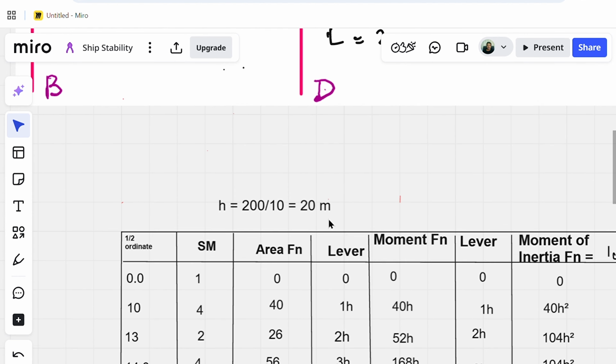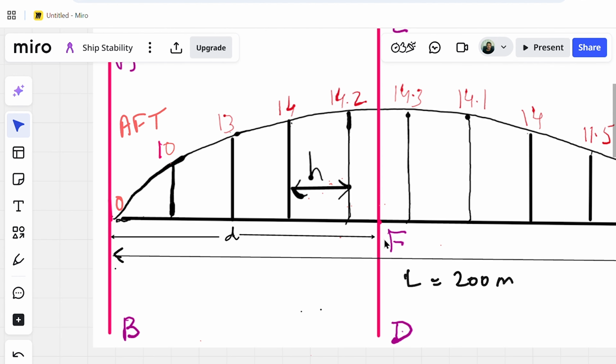Once again, to remind you, this is our aft axis, and we got moment of inertia about this axis. Now we are finding moment of inertia about the axis passing through center of flotation, and this D is the distance between the two axes, which is the LCF we found, 95.94.